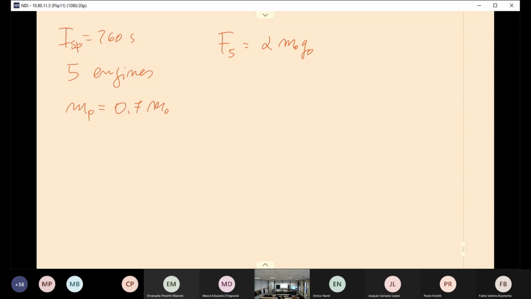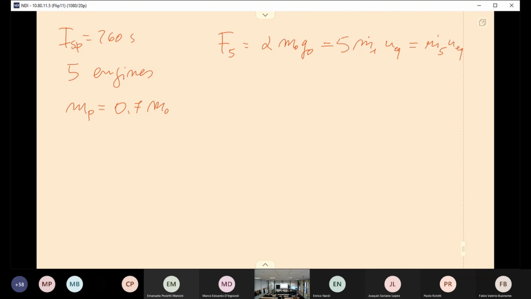And this is also 5 times the mass flow rate of the single engine by the specific impulse, or we can also write this as m dot 5 times ue.